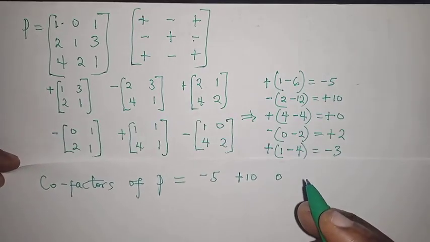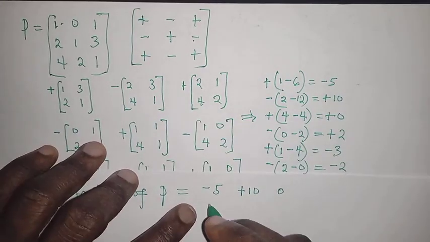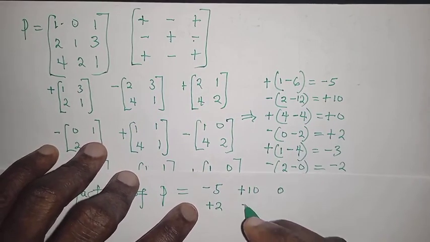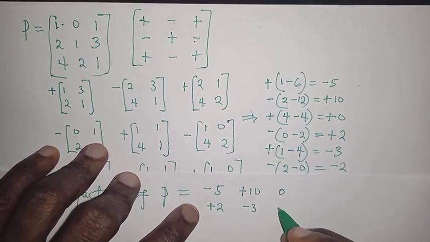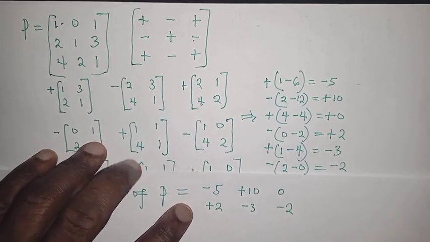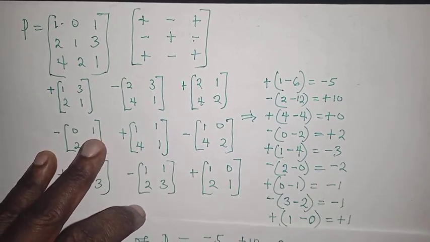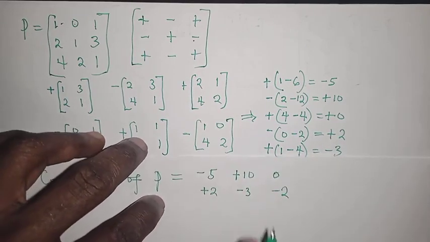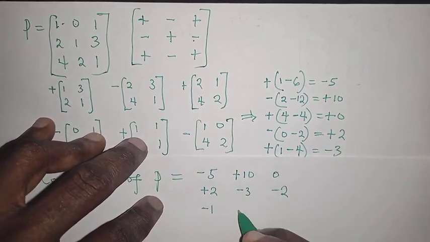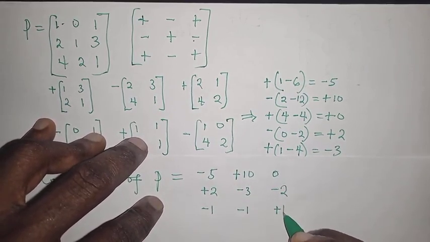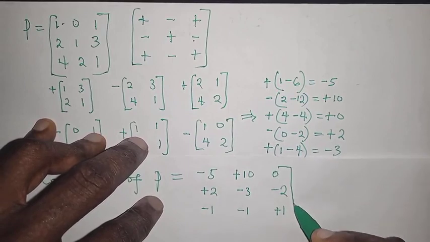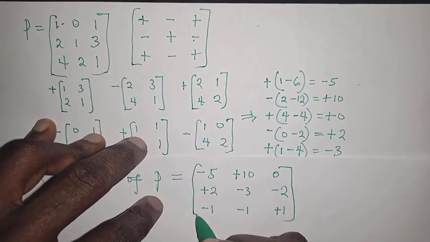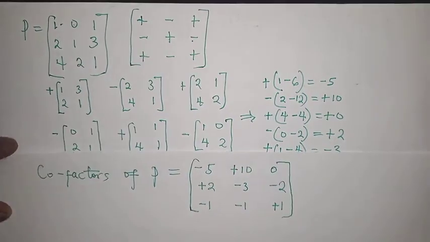Then we have plus 2, minus 3, and minus 2. Then we also have minus 1, plus 1. So minus 1, plus 1. These are the elements of the cofactors of matrix P.